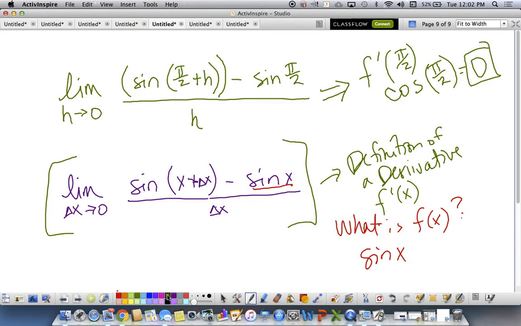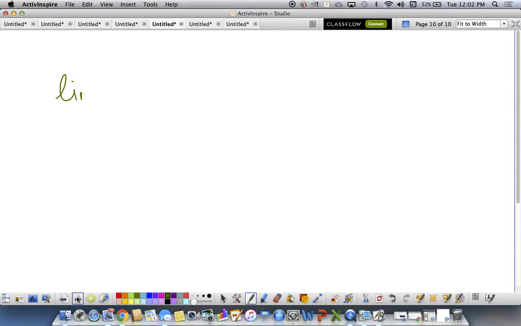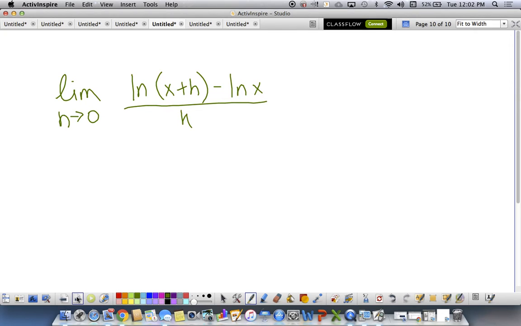Look for them. So what if we have the limit as h approaches 0 of natural log x plus h minus natural log x all over h? The derivative of sine is cosine, and the derivative of cosine is negative sine. So we're trying to find the derivative. So I want you just to answer this problem.